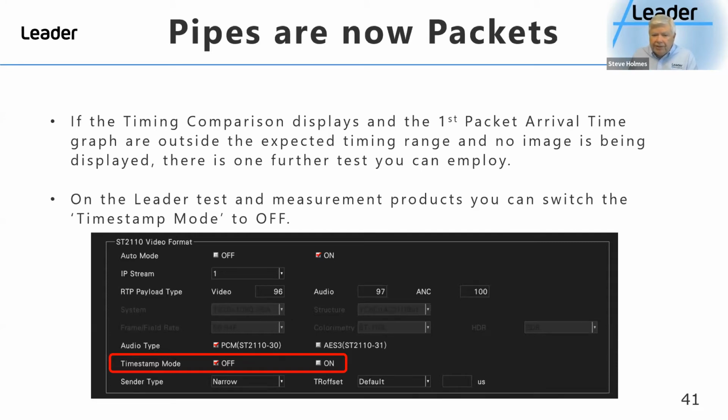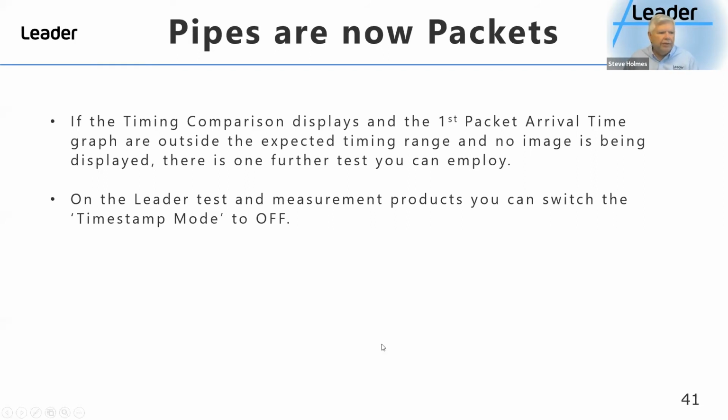They are synced to PTP, and you'll start seeing issues there that you don't see on a monitor, because the monitor has the ability to basically free run and just FIFO the data as it's coming in the door. So we can do the same thing by turning the timestamp mode off, and it will be exactly like the monitor. You can see the data on the screen and be able to troubleshoot and see where things are going.